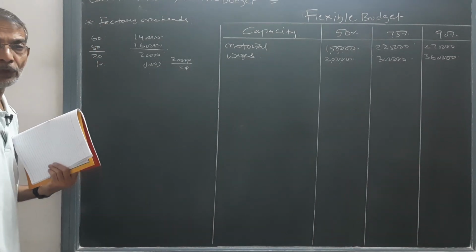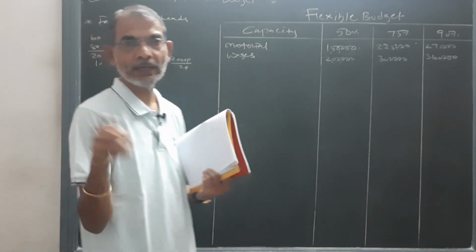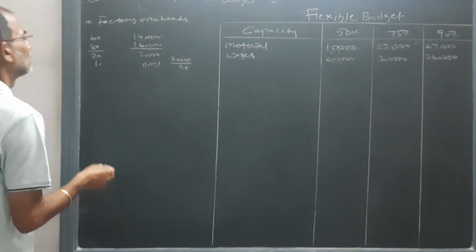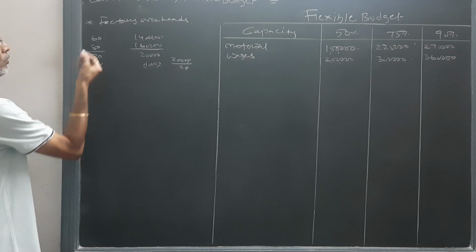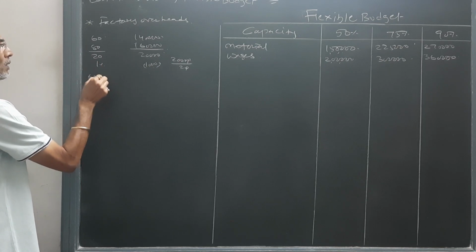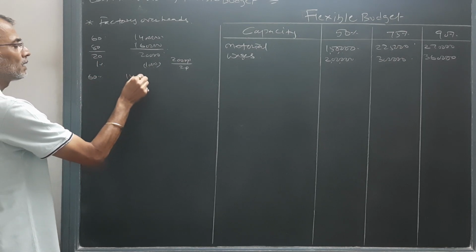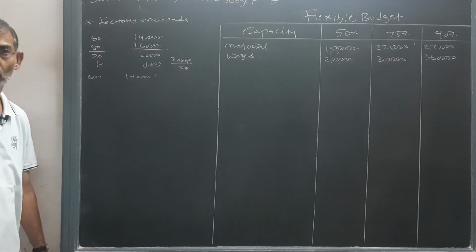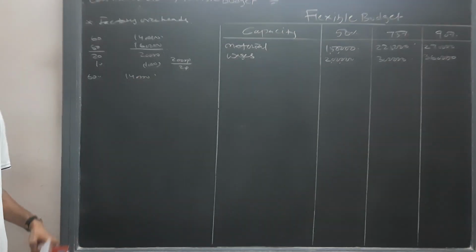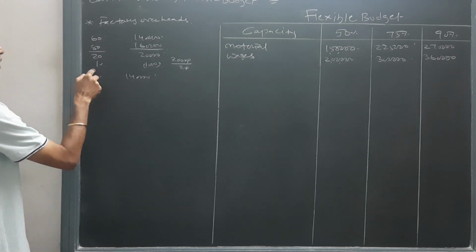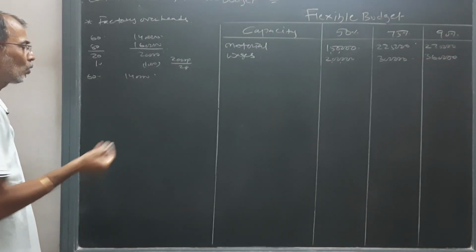So from this we have to bifurcate fixed and variable. We will take it at 60% capacity, that is 140. So for every 1% it is 1,000.